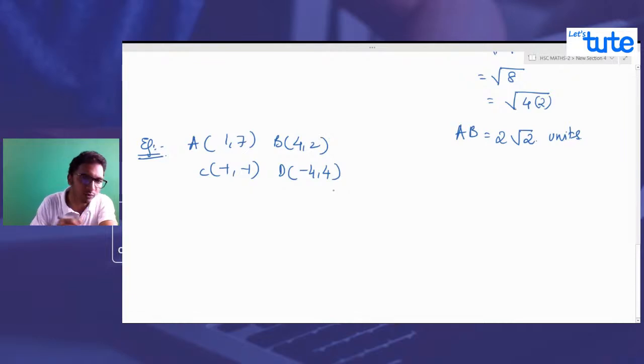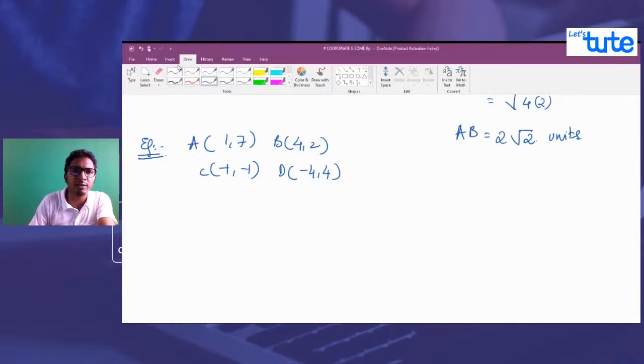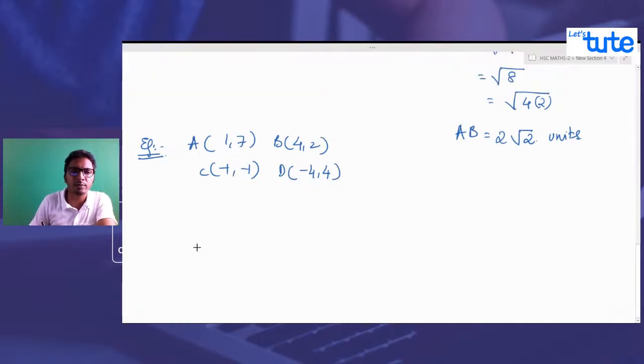So we have to show that it is a square. Let me draw a rough diagram over here. So let us say these are the vertices A, B, C, and D.